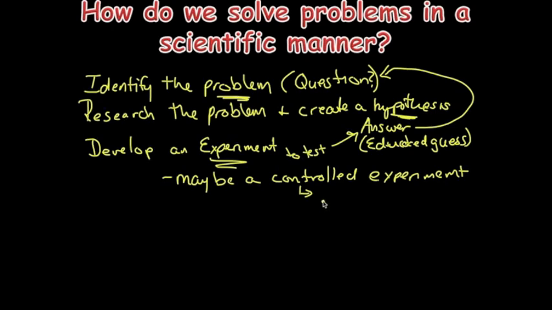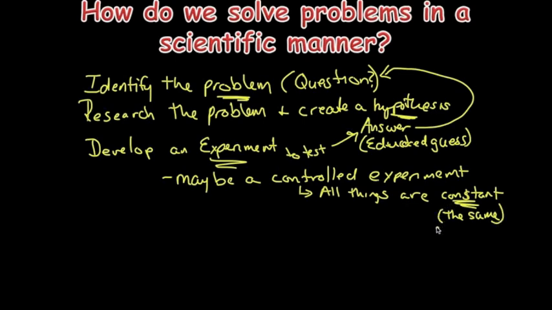But just something to think about is a controlled experiment is where all things are constant. And you're going to see that word throughout this year, and constant means the same.